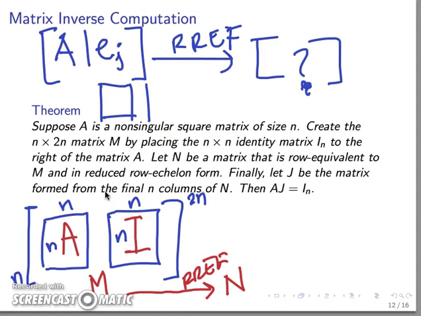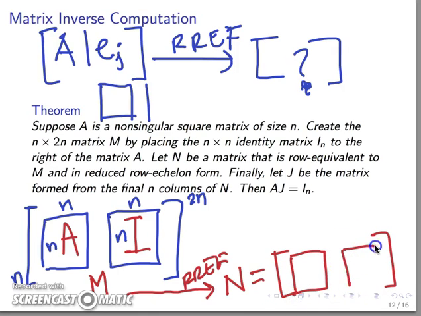So now we want to think of the RREF of this rectangular matrix as also a rectangle made by two square matrices next to each other, noticing that J is the matrix formed by the final n columns.